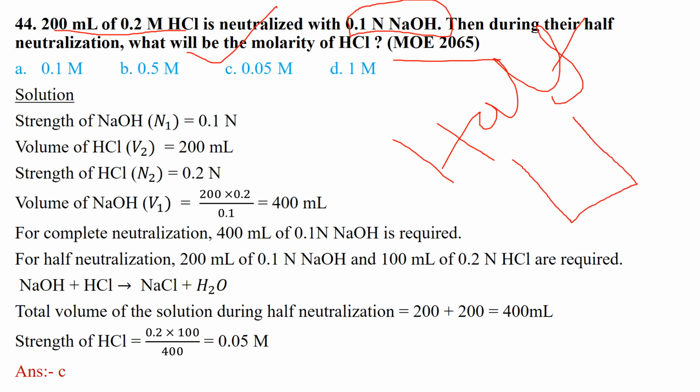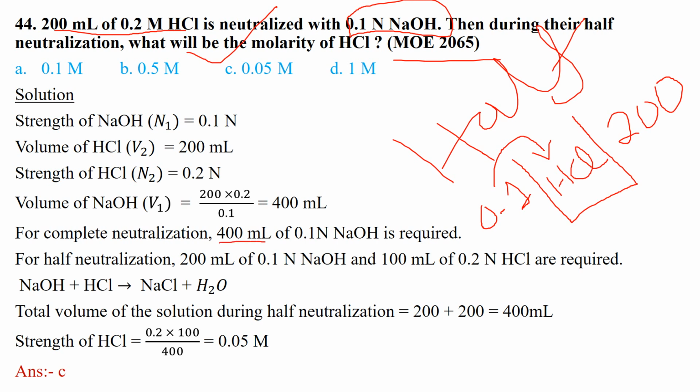Here is the beaker. Inside the beaker, hydrochloric acid is kept, volume 200 ml and strength 0.2 molar. In this beaker, sodium hydroxide of concentration 0.1 is added. Now let's come to the point. For complete neutralization, what is the volume of sodium hydroxide required?